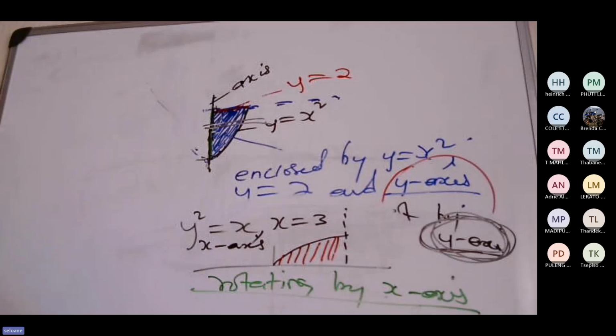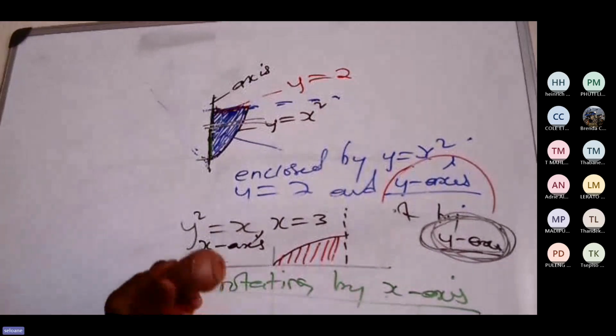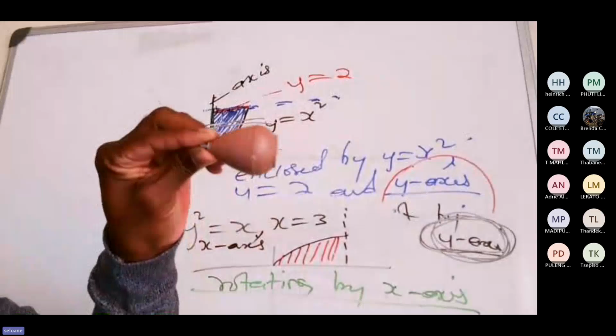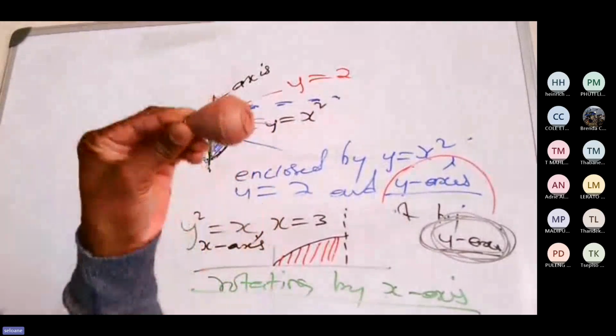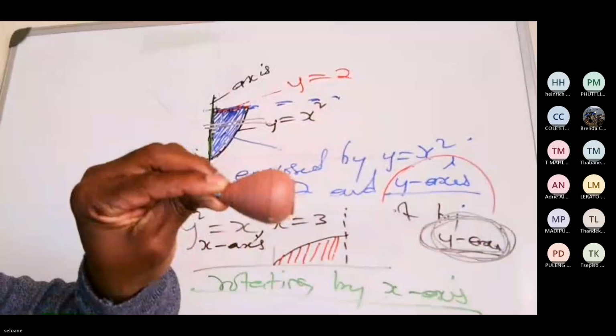So then it means our center is part of the curves that enclose your region. Therefore, it will be a solid of revolution that is horizontal, not vertical.